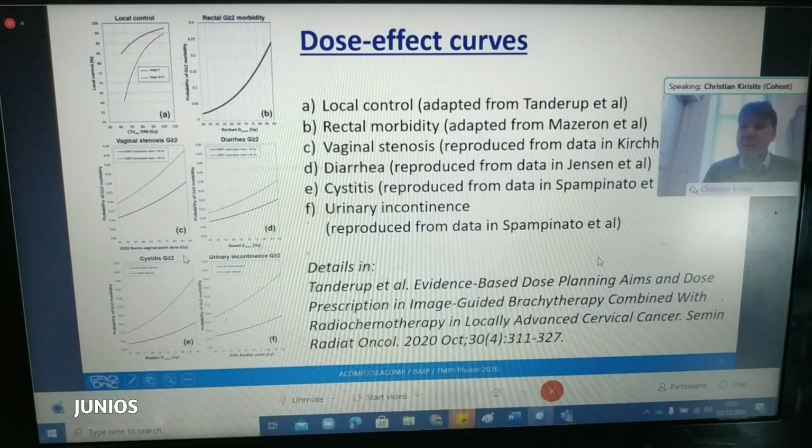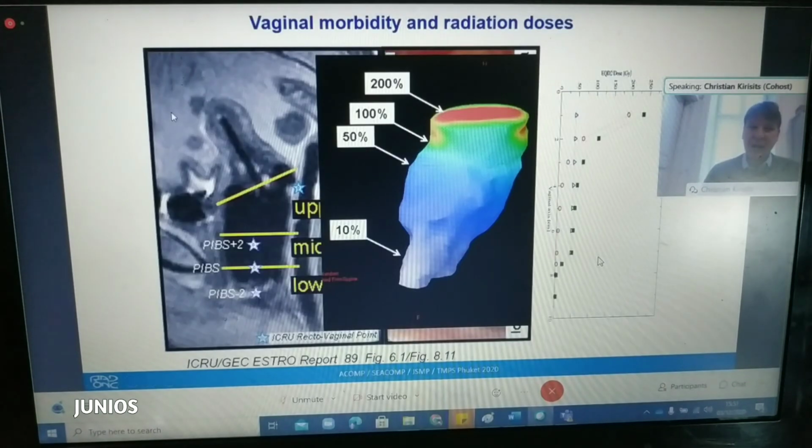But the fifth point is mainly from the external beam. If the lower field border is very low, like here, then you have 45 gray also to the fifth point. And those cases have a much higher morbidity than those where the field border is actually around here.